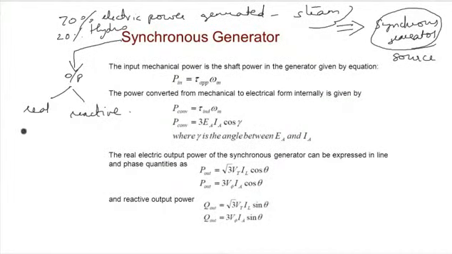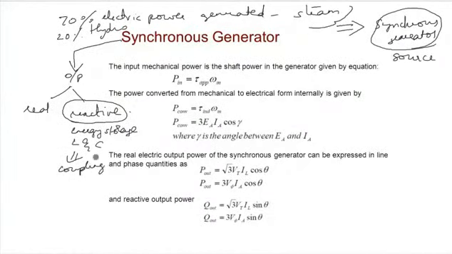The very reason being, reactive power is associated with energy storage. What is it associated with? Inductors and capacitors. These inductors and capacitors in the electrical circuit are used for coupling purpose or storage purpose.